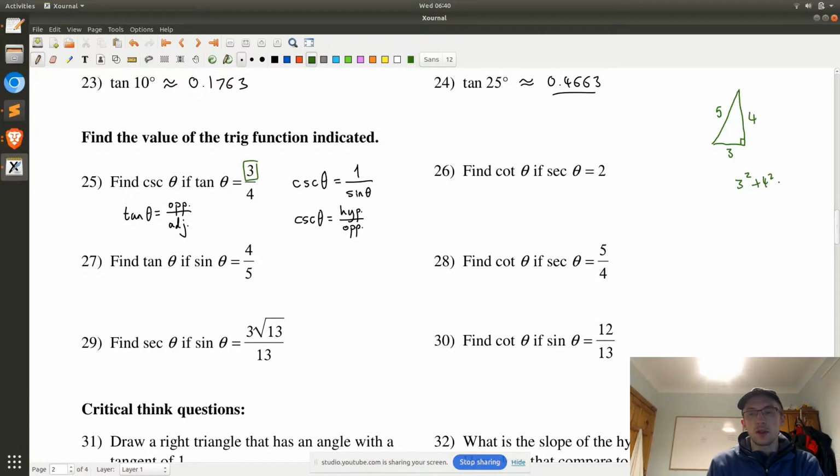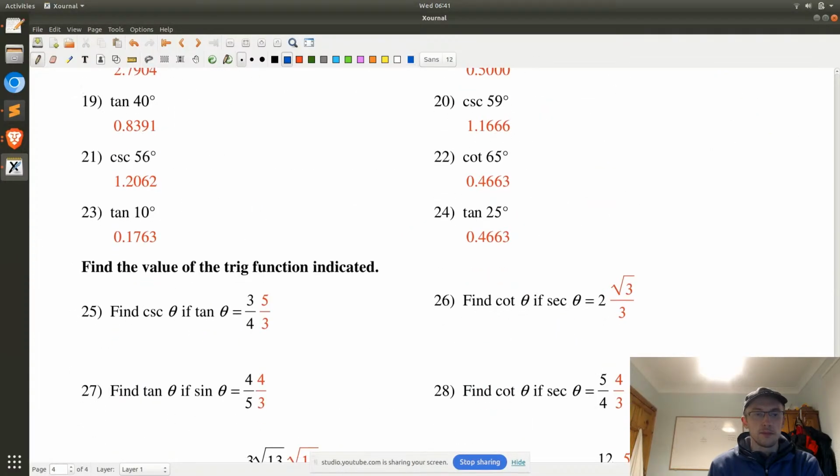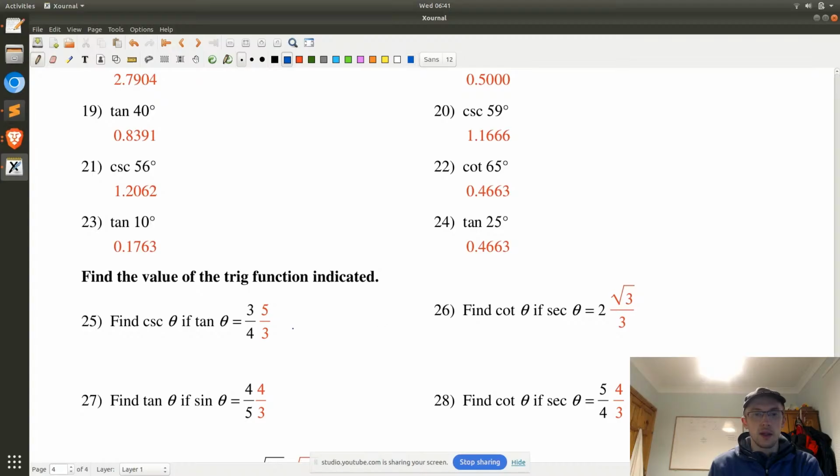The very first triangle you'll probably meet for exposure to the Pythagorean theorem. So, cosecant theta must be 5 over 3. And we'll just check and make sure that's right. Indeed, it's right.